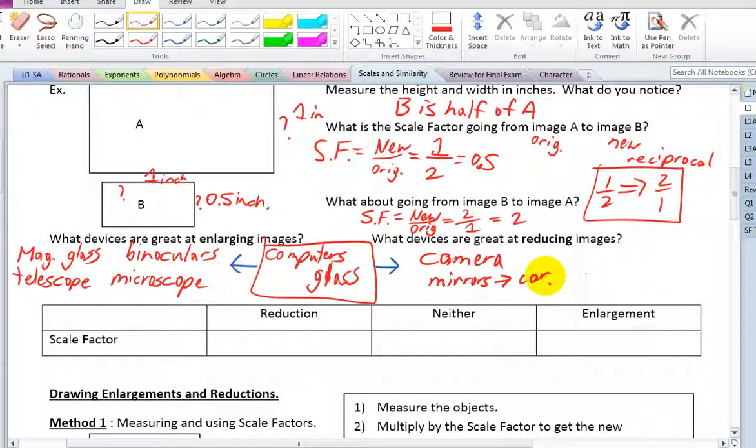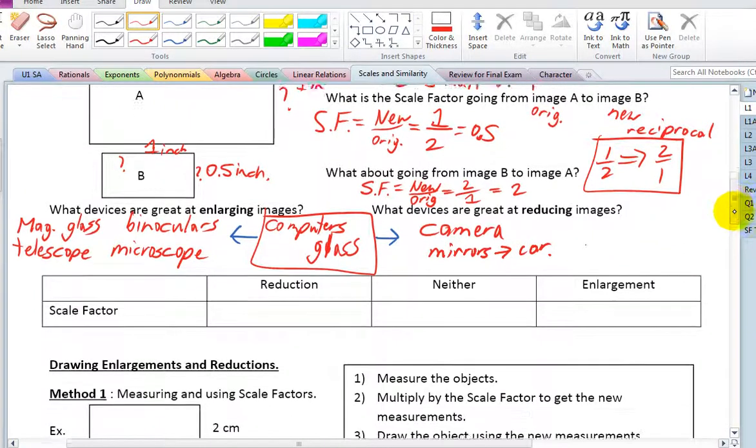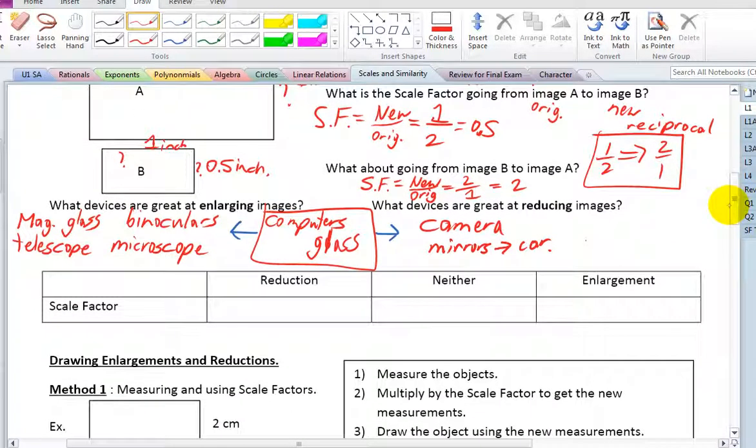Car. Okay. Good. So, just to review, scale factors. If you have a reduction, the scale factor is less than 1. Right? So you're looking at 1/2, 2/3, 0.95. Anything that's less than the number 1.